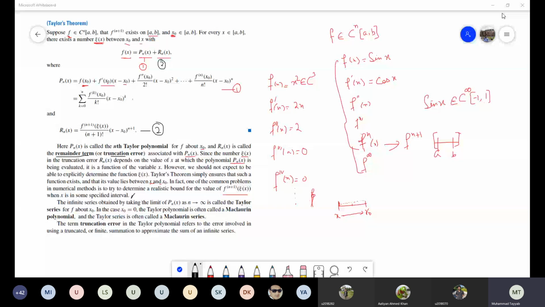So the infinite series obtained by taking the limit of Pn as n goes to infinity. Now look here, let's say we have equation number 1, which is the Pn of x.